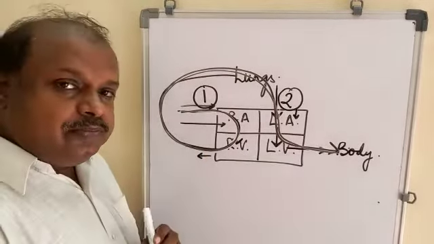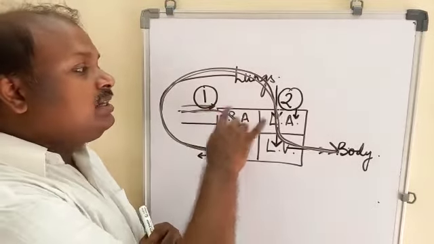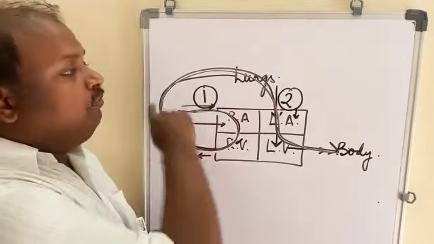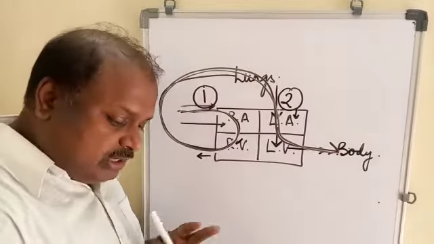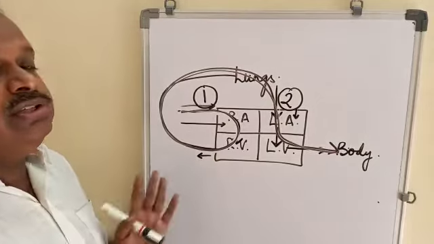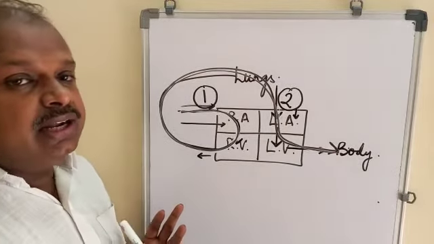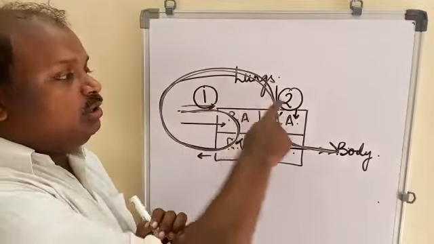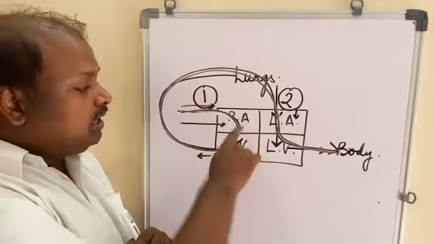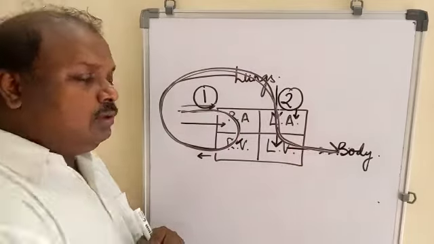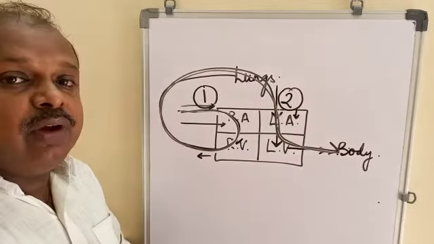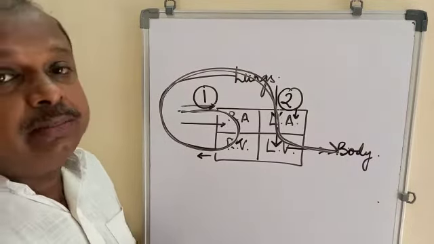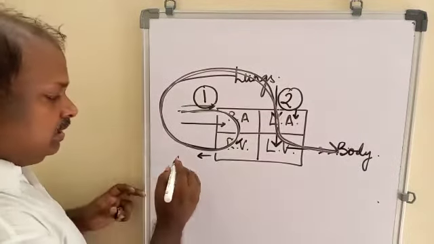Please repeat with me: the blood enters the heart twice before it completes one full round. That's why the human circulatory system is called double circulation.